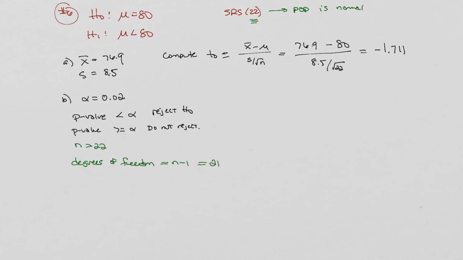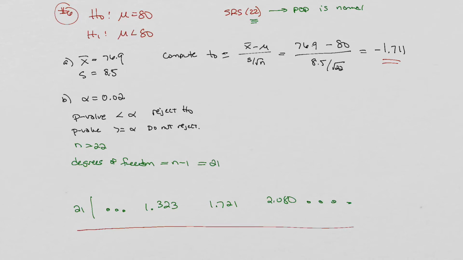If you go to the line of 21, it looks something like this. We went right along the line and pulled out the values that were close to this test statistic, 1.711. Don't worry about the negative sign just yet. This is what it looks like in our book.